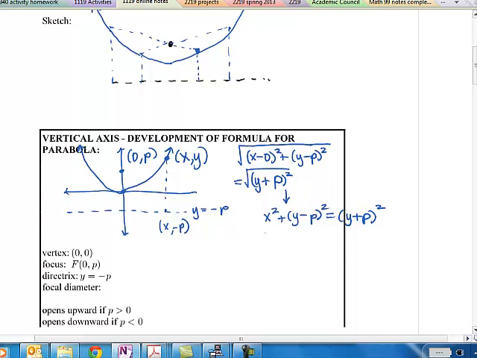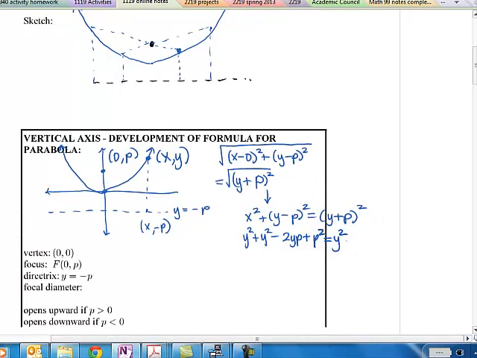And if we expand that, we've got x squared plus y squared minus 2yp plus p squared equals y squared plus 2yp plus p squared. And then if we combine like terms and get things to the same side, wait a second, one of my y's turned into an x.